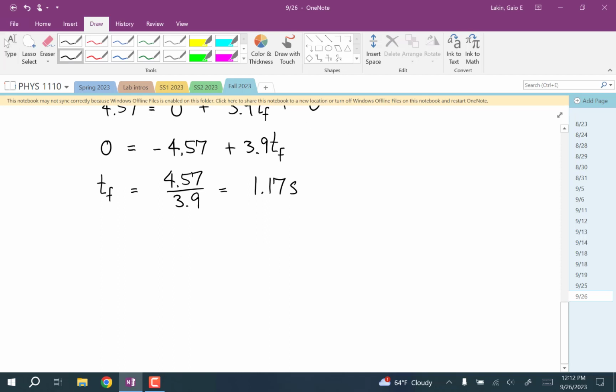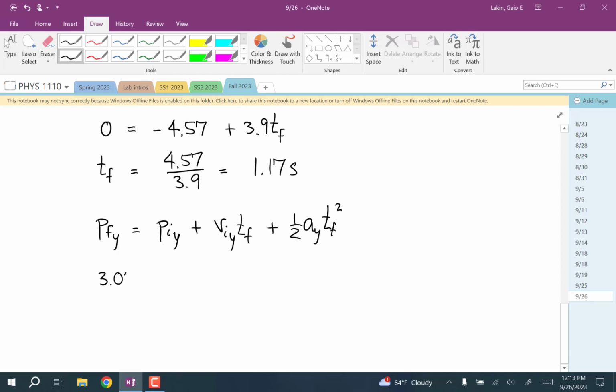Now we can use that in this one. PFY is equal to PIY plus VIYTF plus 1/2 AYTF squared.